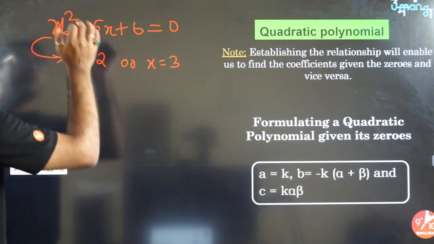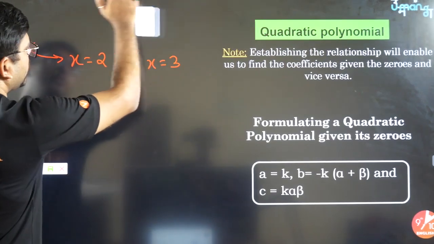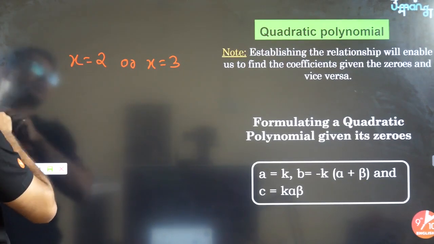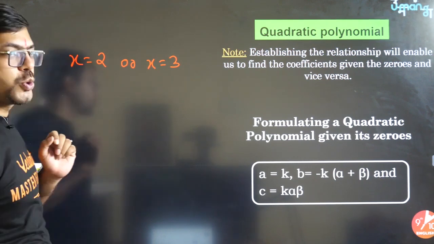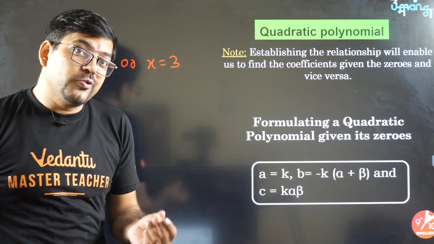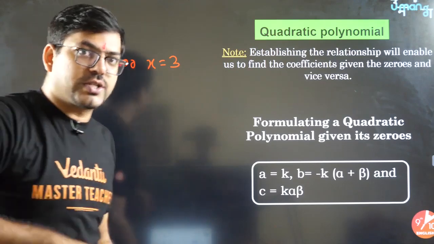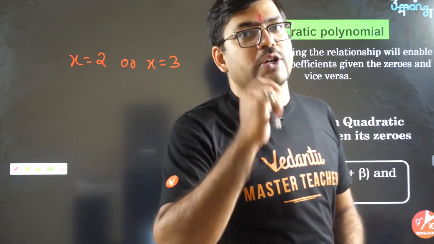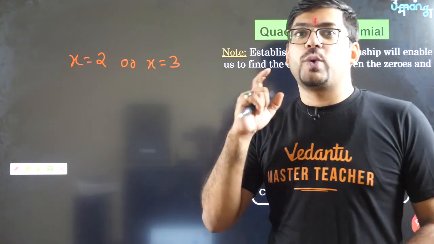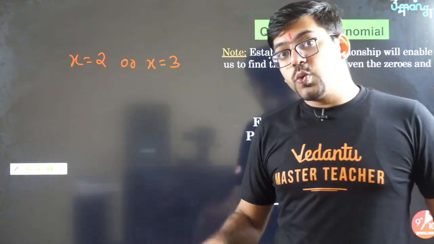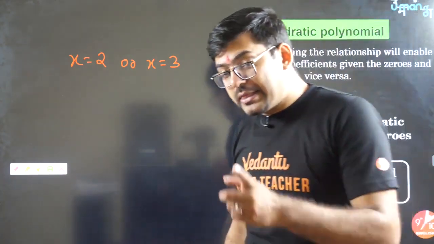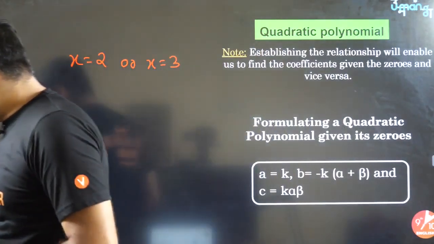Rather, the question gives you two zeros of an equation, x equals 2 and x equals 3, and asks you to find the quadratic equation. The equation has not been given. You have been given the roots and you have been asked to find the equation. Reverse format. So what will you do at this point of time? That is my question. So here I'll tell you what we do.